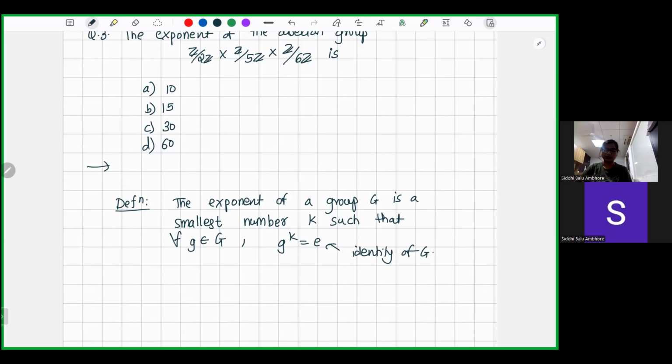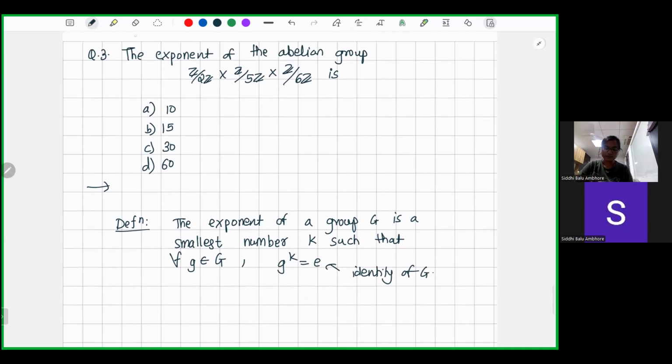That's the whole thing about the exponent of a group G. So that's what we have to calculate here.